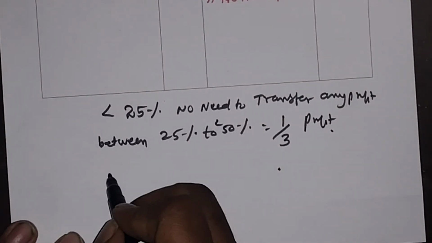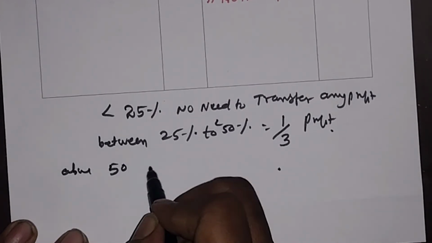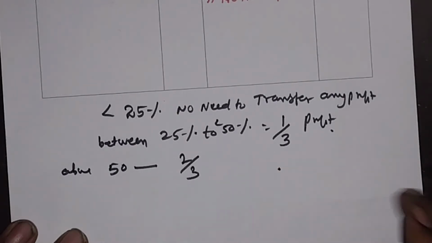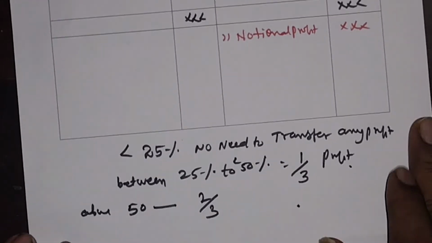And if the work is finished above 50%, then two-thirds will come into the calculation. Let me show that calculation here.